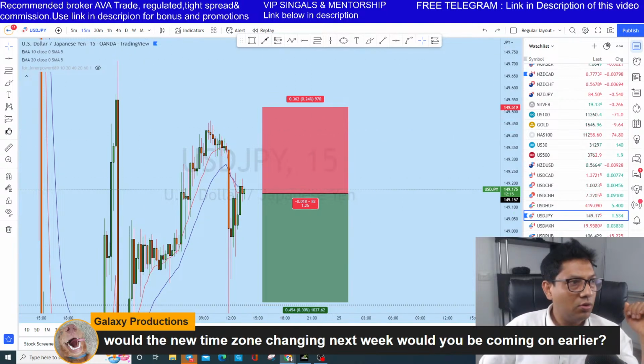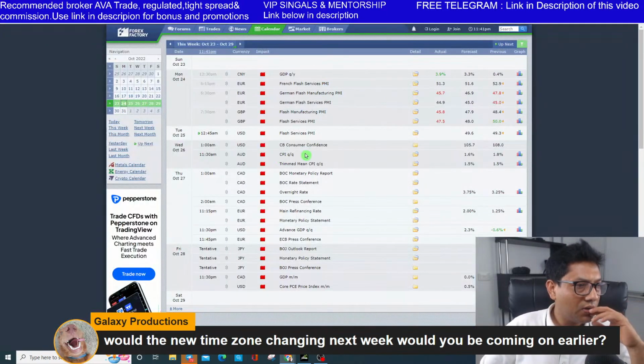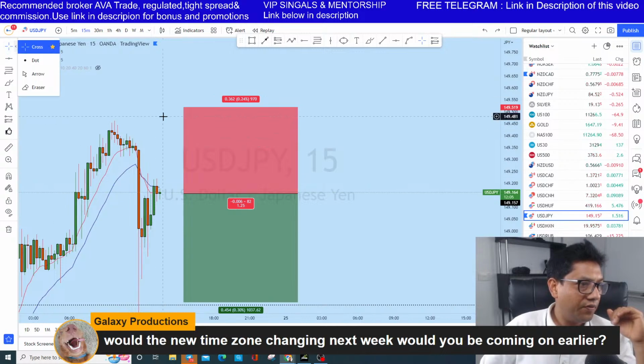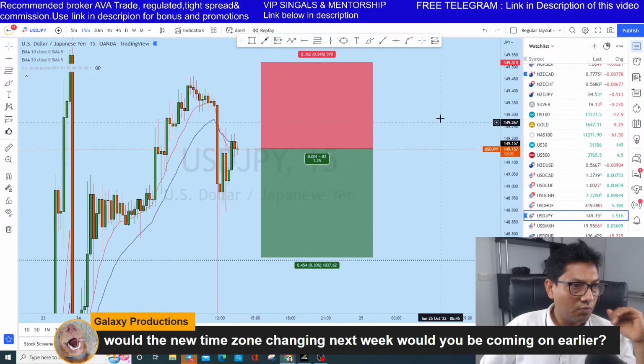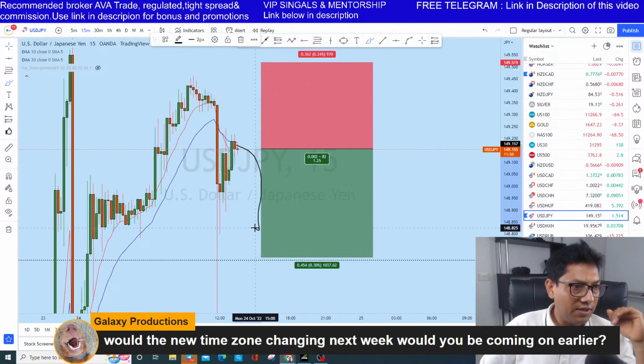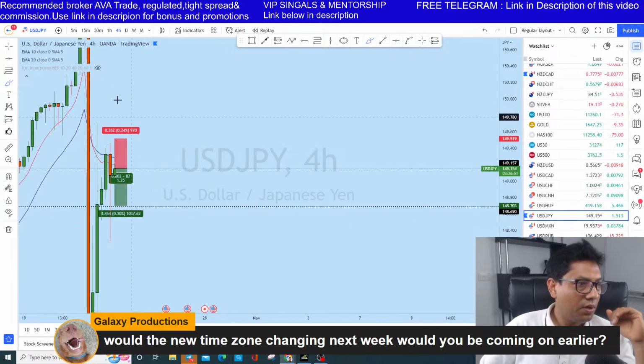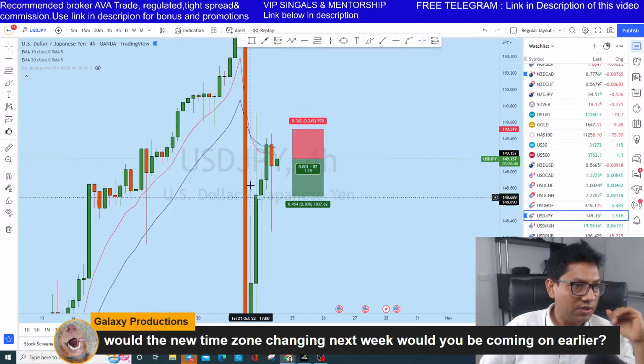Now let me look at the news that is coming, 12:45 a.m., which is nearing. I'm looking at the 15 minutes on dollar yen. What I'm expecting during the news is a spike down, because on the 4-hour time frame dollar yen has closed a candle with a long wick at the bottom and a body at the top.